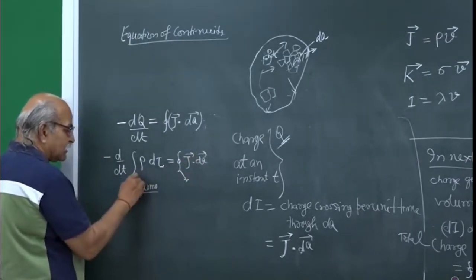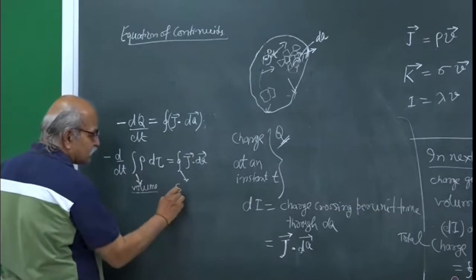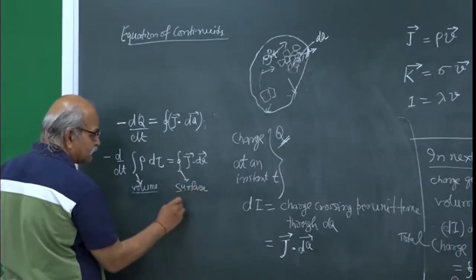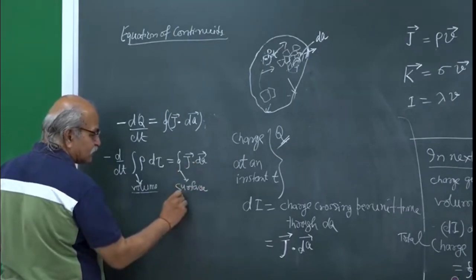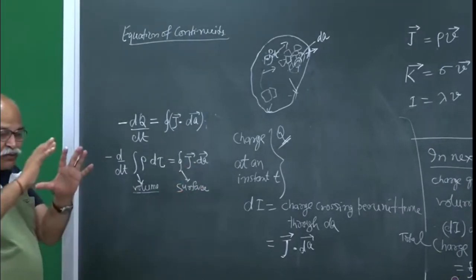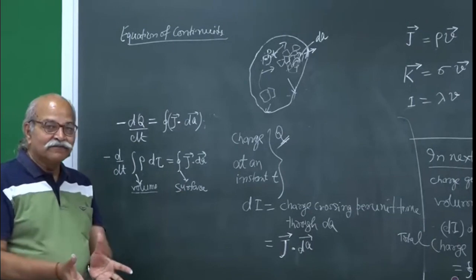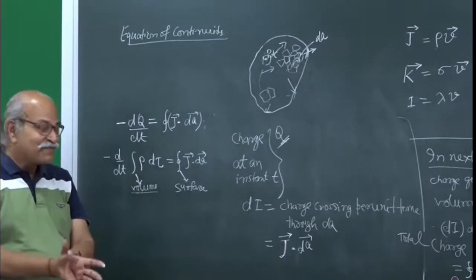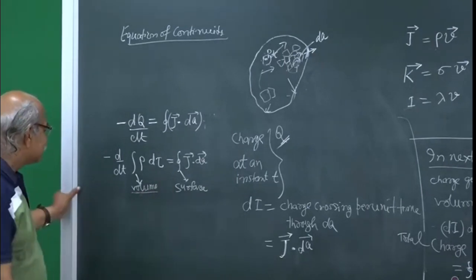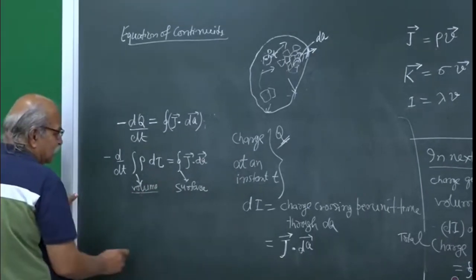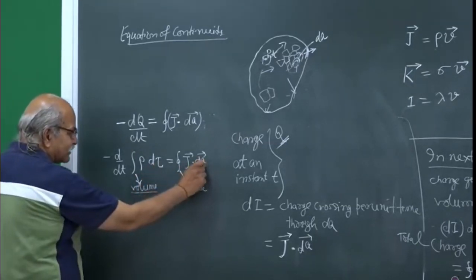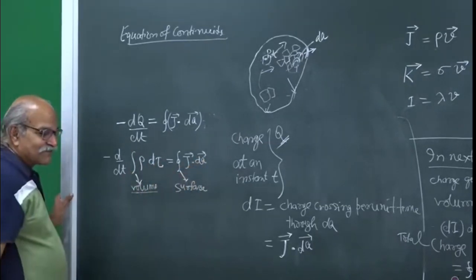This is to be integrated over the volume, and this is to be integrated over the entire surface which is bounding this volume, the same volume and the corresponding surface of the volume. So, this is the relation. Now this is d tau here, volume integration, and this is dA here, surface integration.